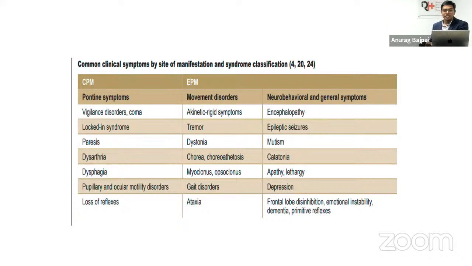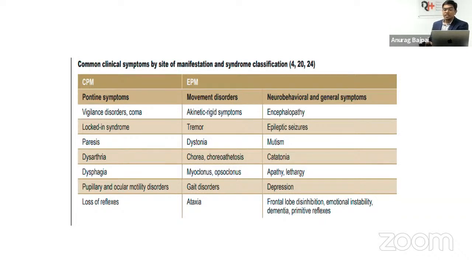If we compare both, they have some general symptoms in common, which are encephalopathy, seizure, mutism, apathy, and lethargy. In central pontine myelinolysis, the locked-in state, dysarthria, dysphagia, and coma will be the prominent symptoms.